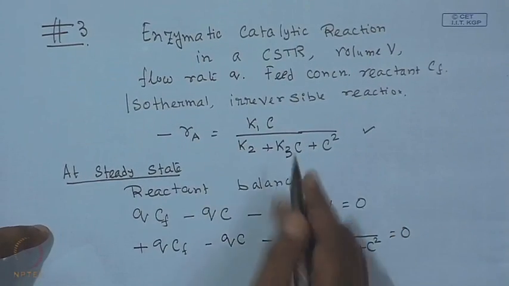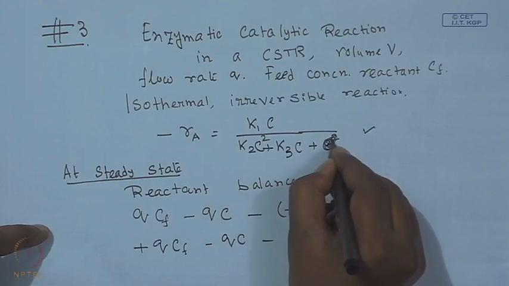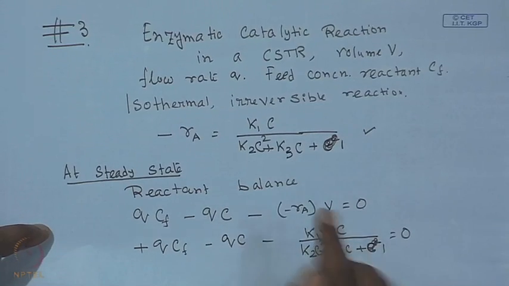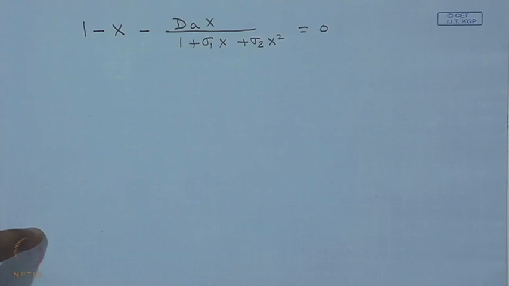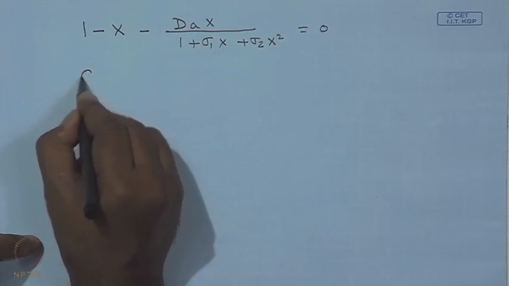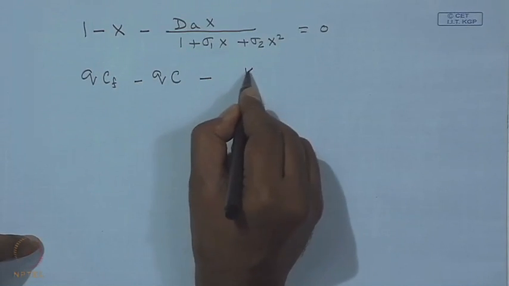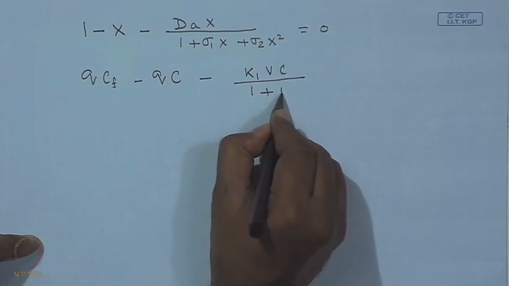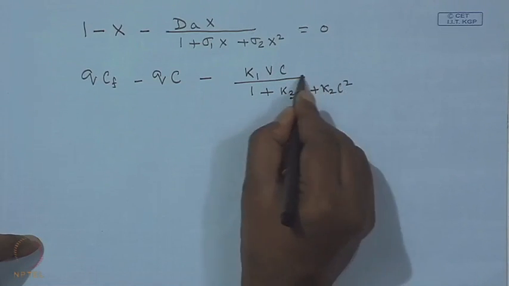We put it as K1 C divided by K2 C square plus K3 C plus 1. So, it is basically 1 plus K3 C plus K2 C square. If you write down the governing equation, this becomes QCF, I am just redoing the whole thing for you, minus QC minus K1 V C divided by 1 plus K3 C plus K2 C square is equal to 0.